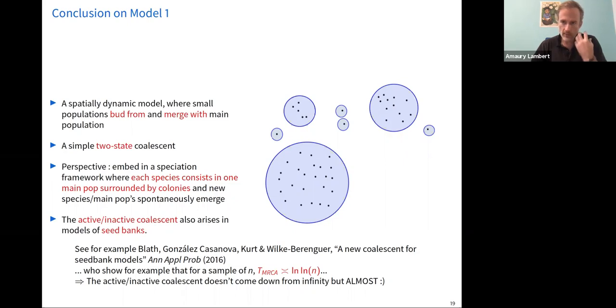So basically, this means that since log n is for all practical purposes a constant, the time to the most recent common ancestor does not really go to infinity, so this coalescent almost comes down from infinity.